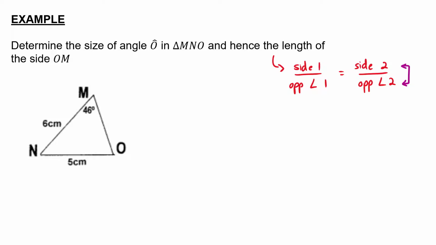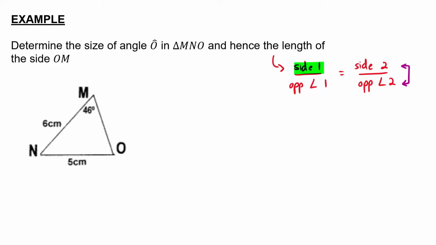Just remember that whatever goes in the numerator is what you're looking for. So if you were looking to find the angle, you would write this out as opposite angle 1 over side 1 and so on. By remembering it in words, it makes dealing with this triangle a lot easier.